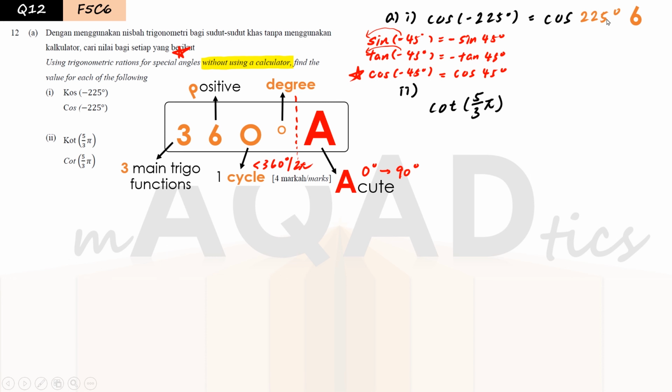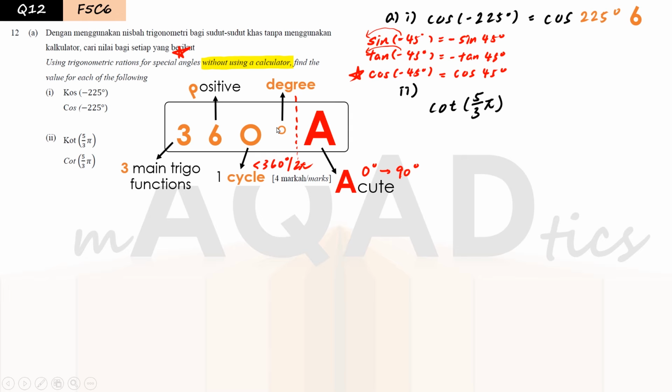So we have satisfied the third criteria. The last criteria is that the angle must be in degrees, which we have already done also. So we have satisfied all 4 criteria here.